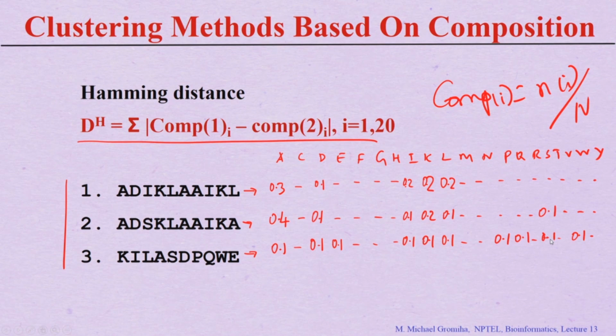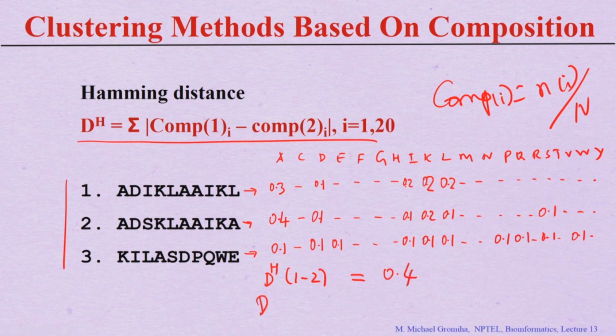So, now we calculate the Hamming distance between 1 and 2. What is the value of the Hamming distance between 1 and 2? 0.3, 0.1, 0, 0.2, 0.3, 0.4.